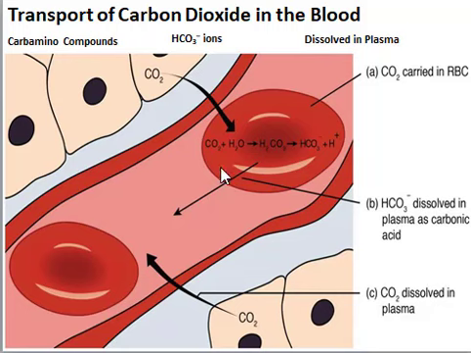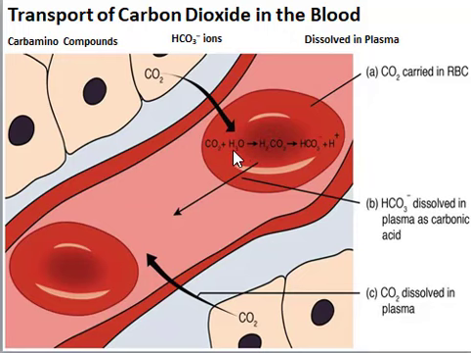In this picture we can see the CO2 from the tissue passes through the interstitial fluid and the blood vessel wall, entering the blood vessels and the hemoglobin.